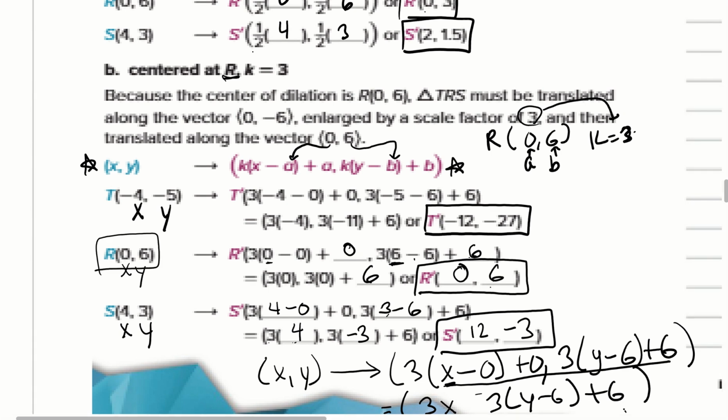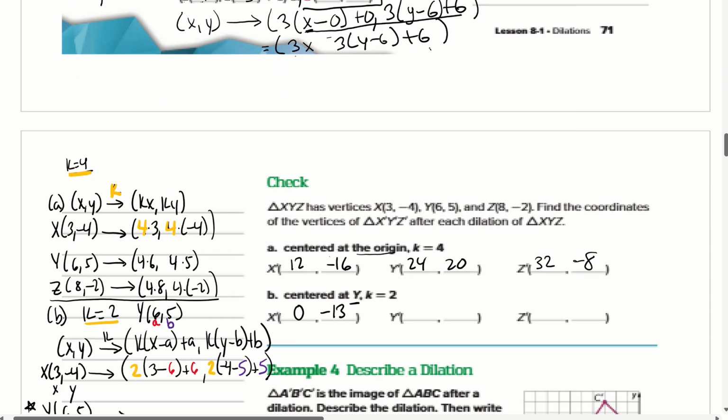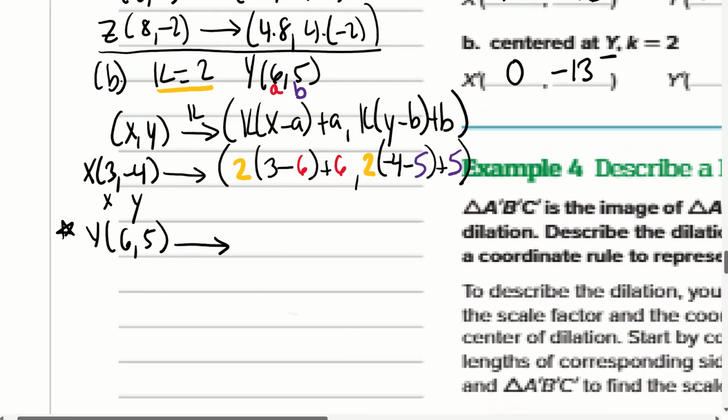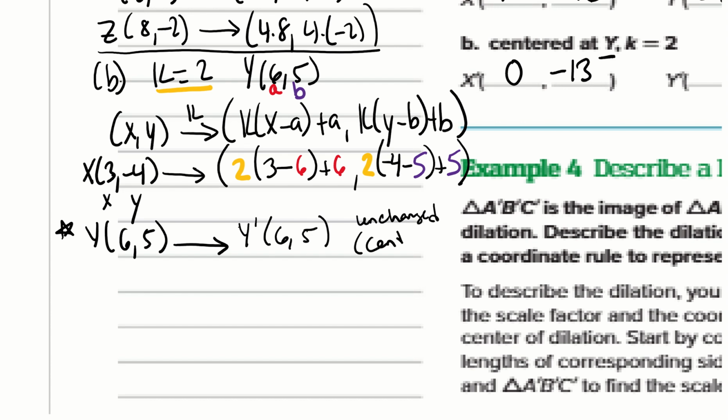As long as that point is the center of dilation, it never changes. And so we really don't have to do the work for R, or in this case, for Y. Wherever you're centering the dilation, the coordinate remains unchanged. And so we can save ourselves some work and just put that as our answer. It's unchanged because it is the center of dilation.